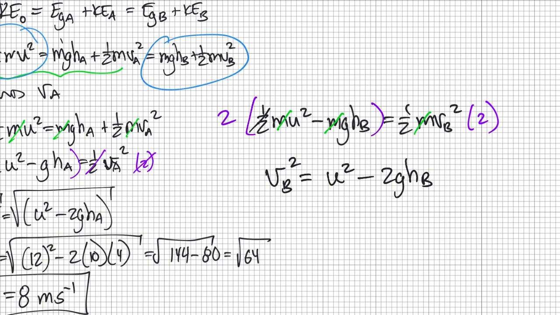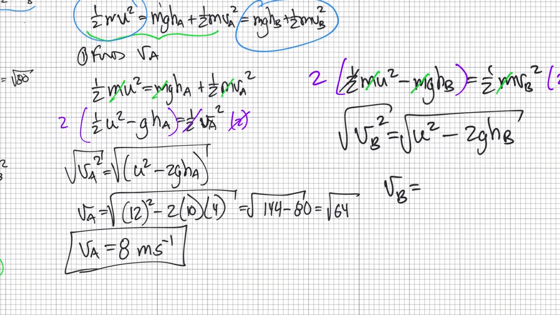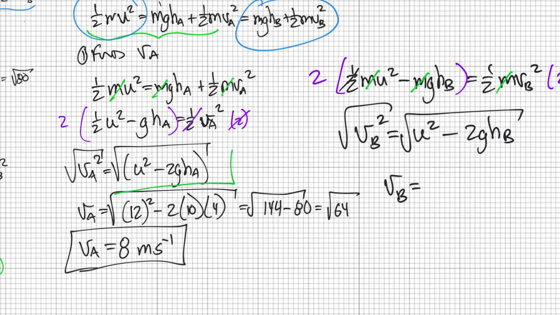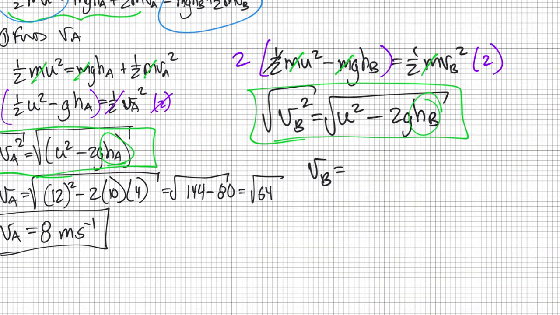The beauty of it is it looks the same, right? That's the cool thing. This and this, they're the same. The difference is this is the height at A, this is the height at B. So what do we got? 12 squared minus 2 times 10 times 2. Square root that.